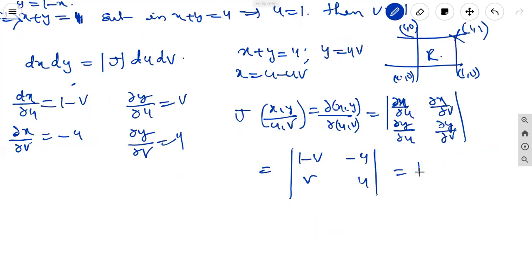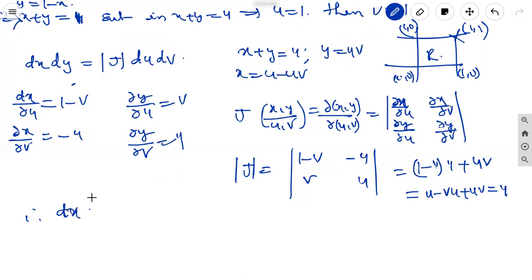It is equal to 1 minus v into u, minus into minus plus uv. It is equal to u minus vu plus uv equal to u. So, the determinant of J is equal to u only. Therefore, dx dy is equal to u du dv.